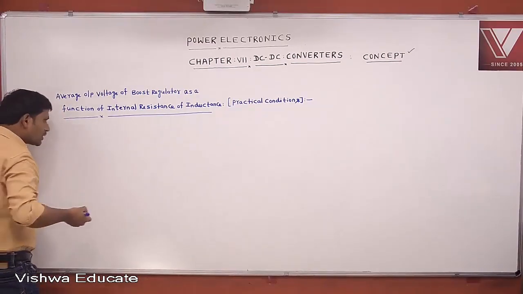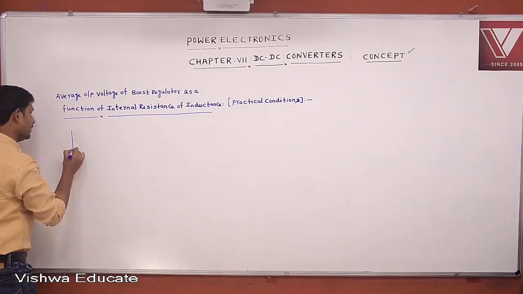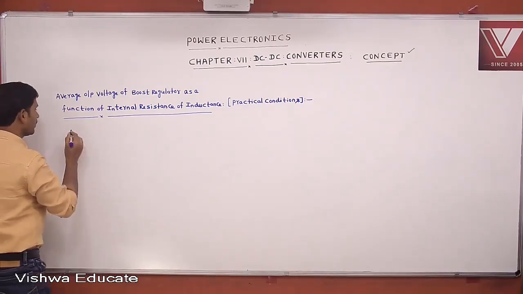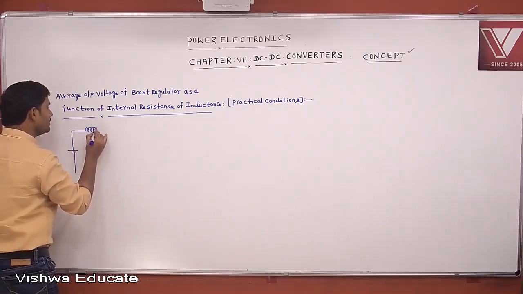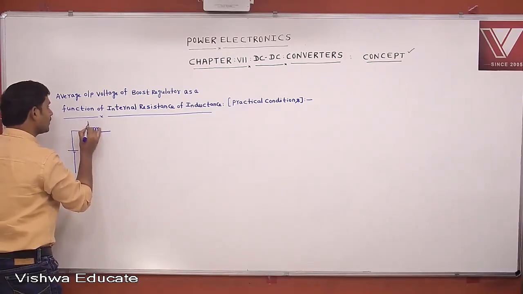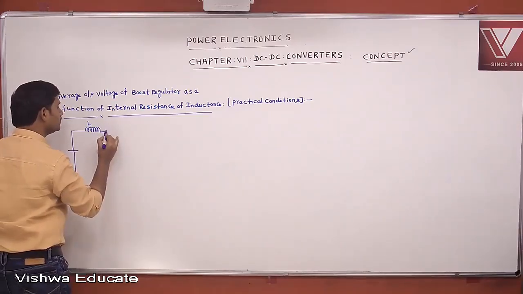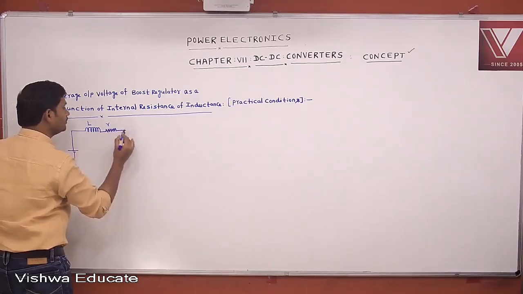Now, can you draw the boost converter? Yes, we have already given this circuit, the boost converter, but now consider the resistance also. This is the inductance. Let the internal resistance of the inductance be small r.